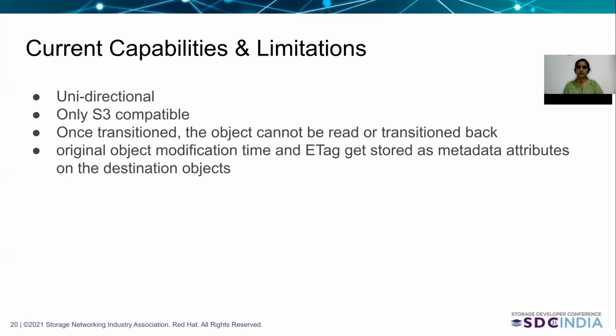So after Cloud Sync replicates the data, the mtime and ETag of the object get modified on the public cloud. However, the source object's mtime and ETag, which are on the Ceph RGW server, get stored as external metadata attributes, or xattrs, on the destination cloud object. So one can read the same by issuing a get data request on the destination cloud object.